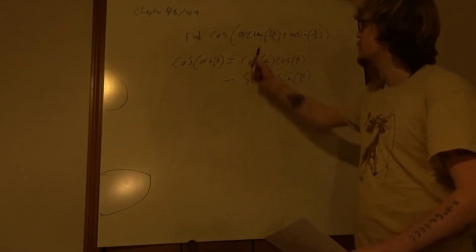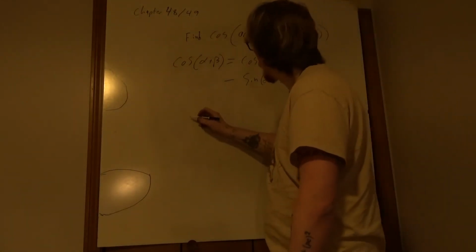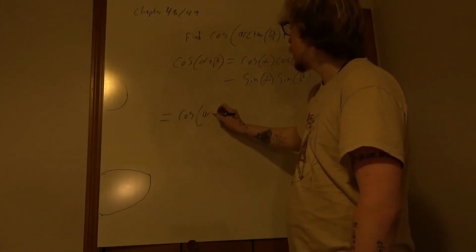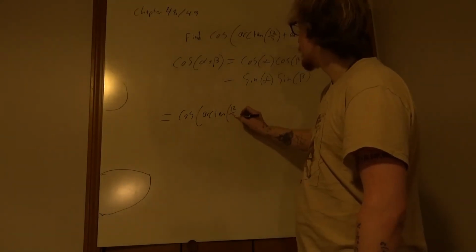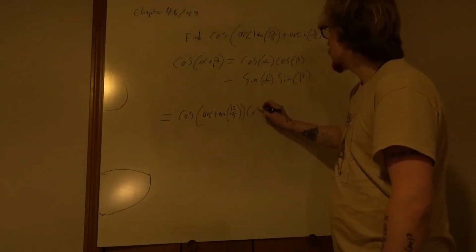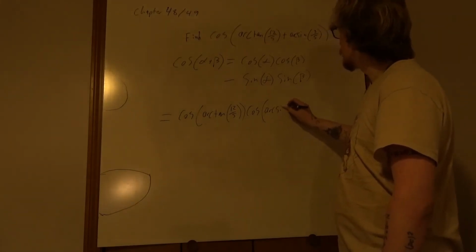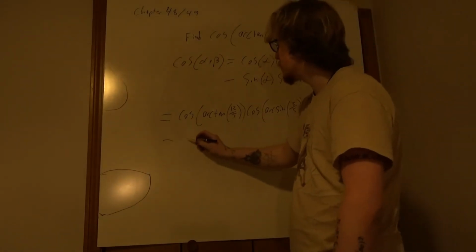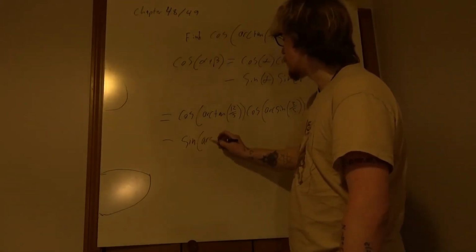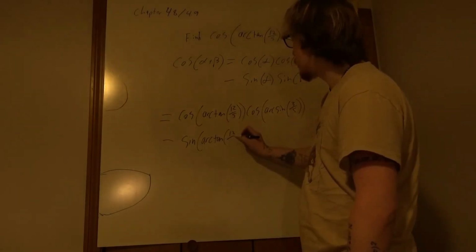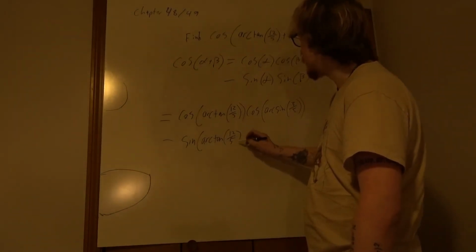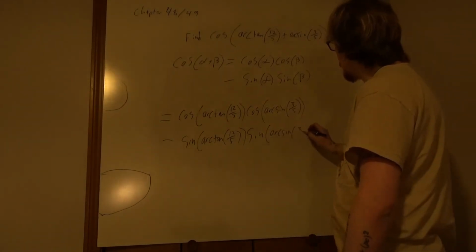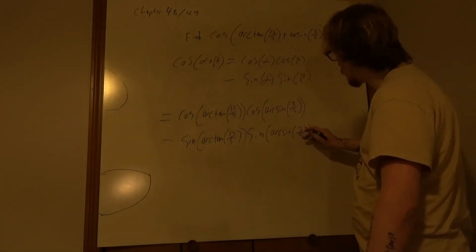And so we can apply that to this, and we will get that this whole thing is equal to the cosine of arctan of 12 over 5 times the cosine of the arcsine of 3 over 5 minus the sine of arctan of 12 over 5 times the sine of arcsine of 3 over 5. It's a lot of writing.